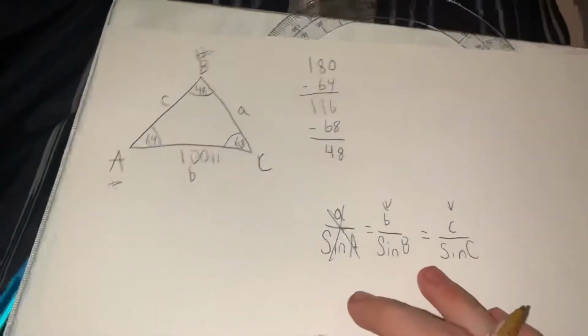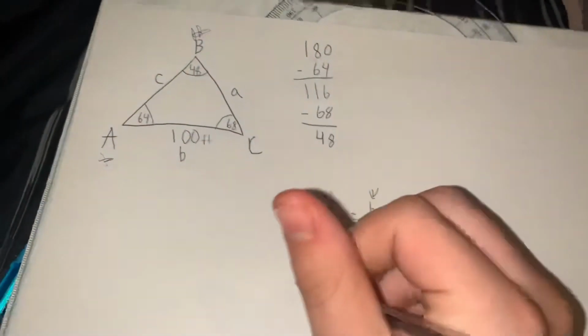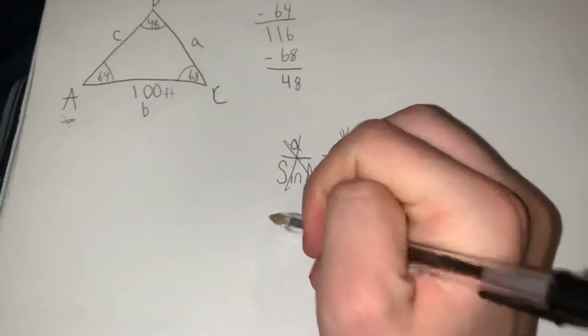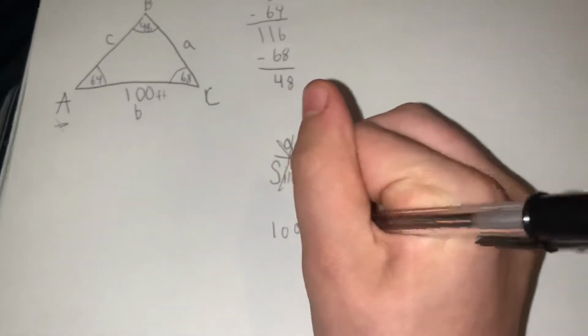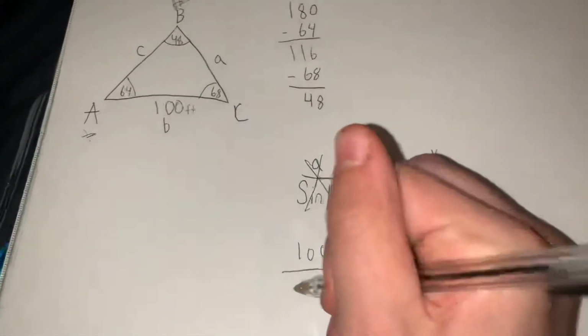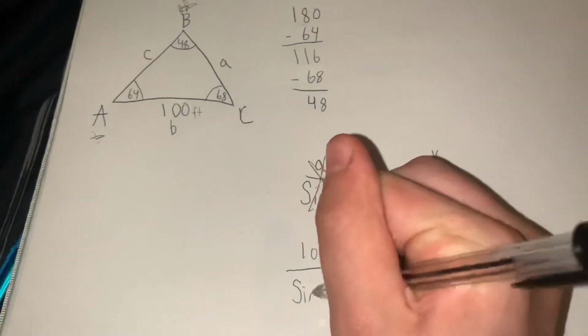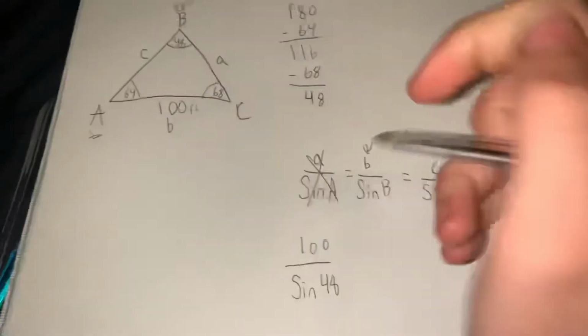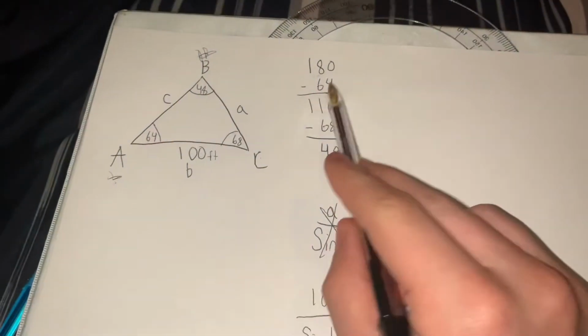So we'll plug in our information. We have 100 feet for our distance for side b, little b, with the sin of 48, which we whittled down using the 180 theorem.